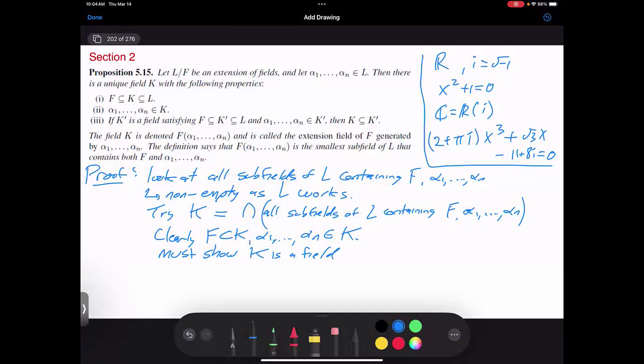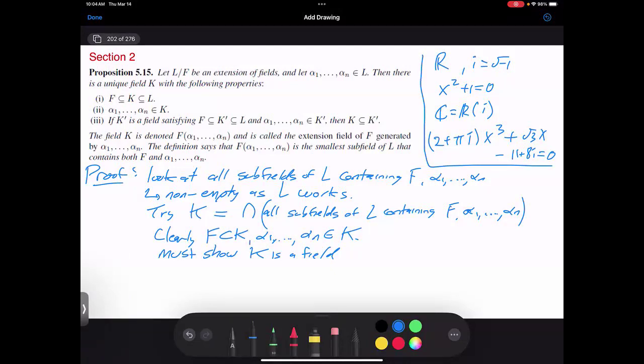Well, all non-zero elements have inverses, right? We basically have to show that all the field properties hold. So we have to show it's a ring, and we have to show that there are inverses.